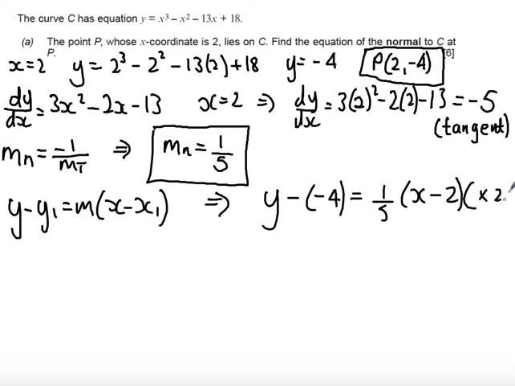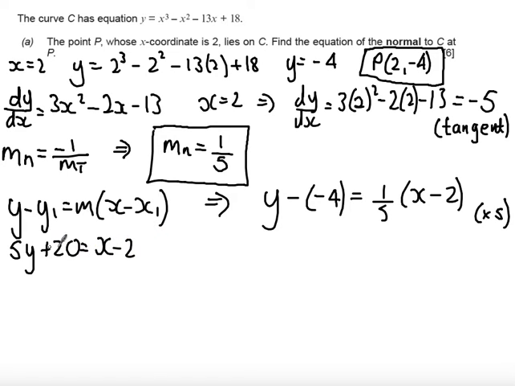To tidy this up, I want to multiply by the denominator of my fraction. Okay, so I'm going to times the equation by 5 so that I get 5y plus 20 equals x minus 2.